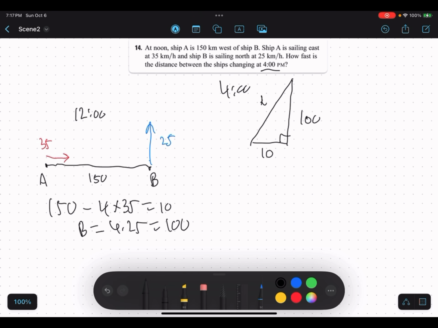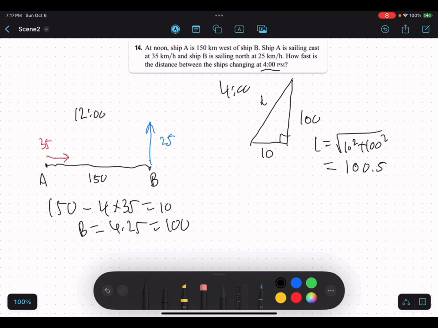So we have L equals the square root. Plug in your calculator, and you should get around 100.5. So L is 100.5 at 4 o'clock.